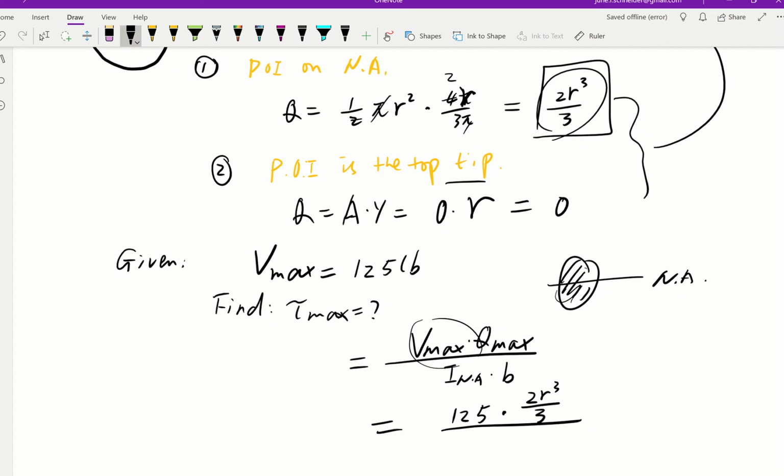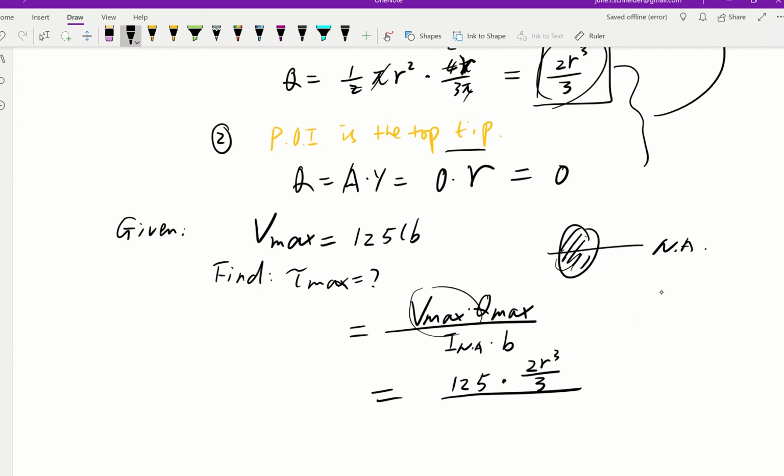So here for the circle, it's going to be 2r cubed over 3, and then the neutral axis moment of inertia for a circle, we know that is pi r to the 4th over 4.